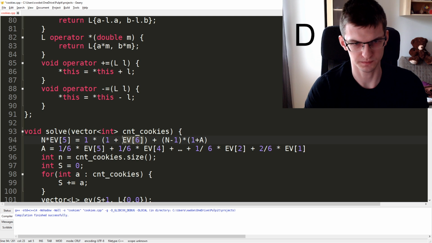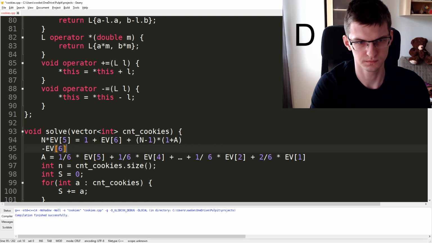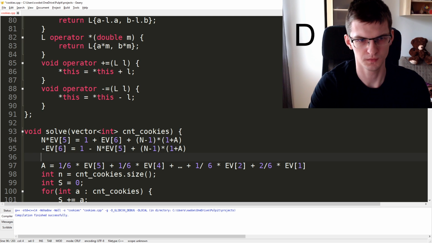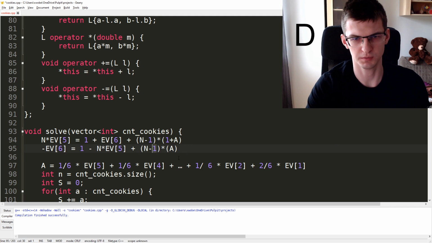Move this to the right. Now, get rid of this plus 1, but we have n minus 1, n minus 1 plus this is n.